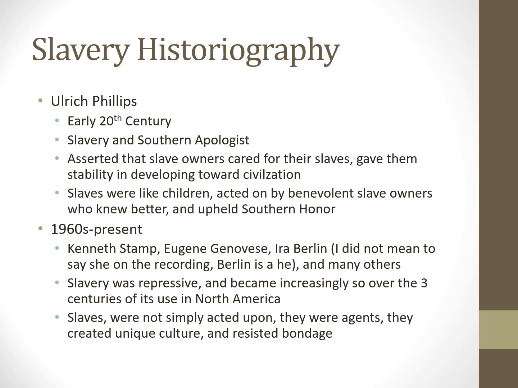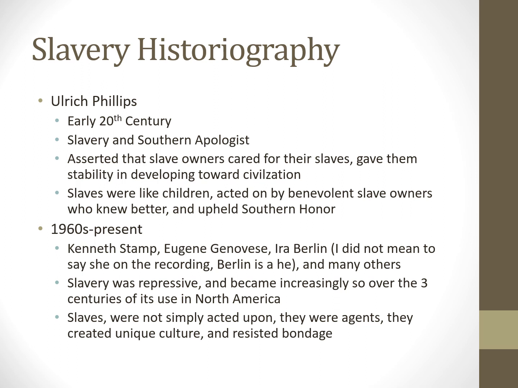Phillips assumed that slaves were like children, that they were unable to act for themselves, and that they willingly and happily accepted the control and direction of benevolent Southern slave owners who knew better and uplifted Southern honor. So it's a very, very apologetic way of interpreting the slave institution in the South that ultimately contributed significantly to the Civil War.